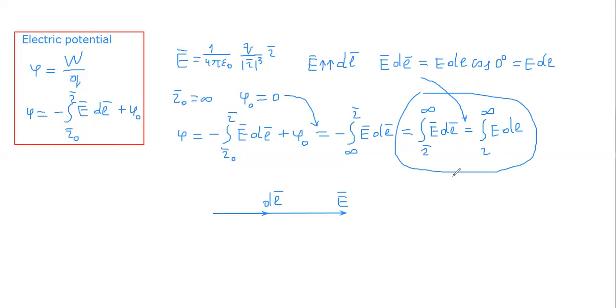Not for every field, but only for potential fields. But because electrostatic field is always a potential field, we can always do this for electrostatic field. Okay, is it clear?